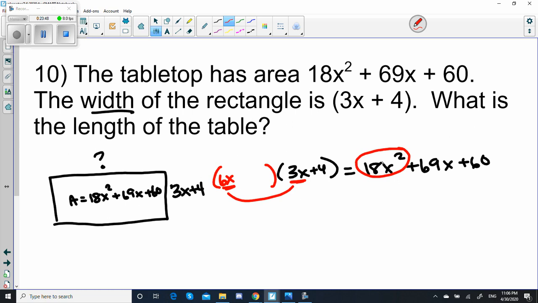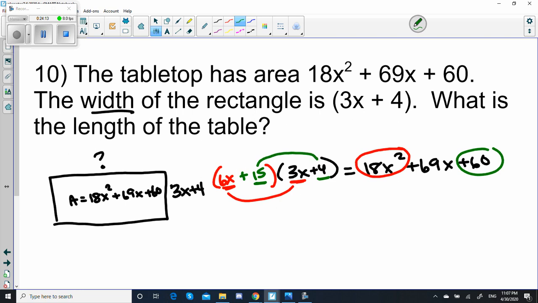And then if I do the same thing for the back here, I want something times 4, and I want that to equal 60. So I think that's 15. 15 times 4 gives me 60. Okay, so I could kind of do it that way.